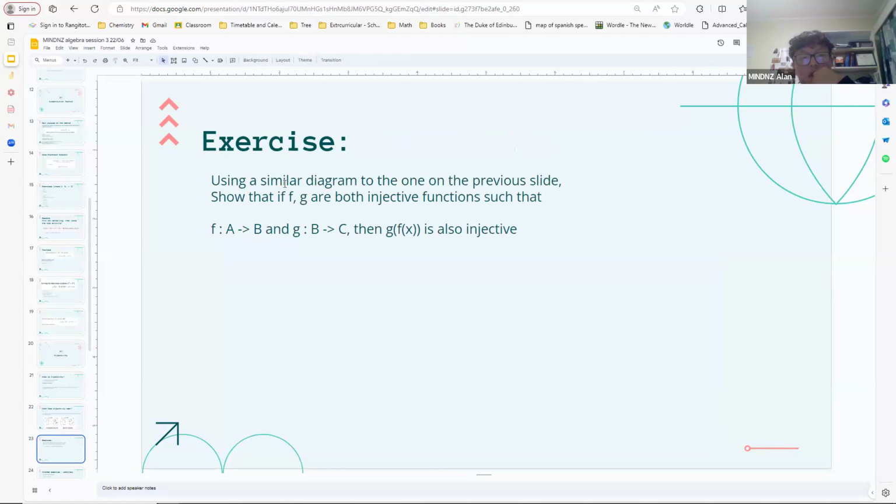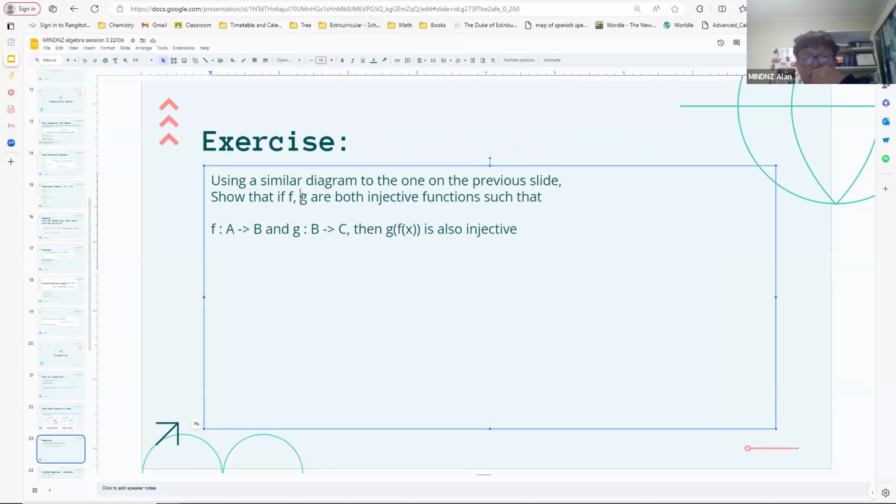Okay, so using a similar diagram, this shows that if f and g are both functions, and both injective, with f mapping from A to B and g mapping from B to C, then g of f of x is also injective.